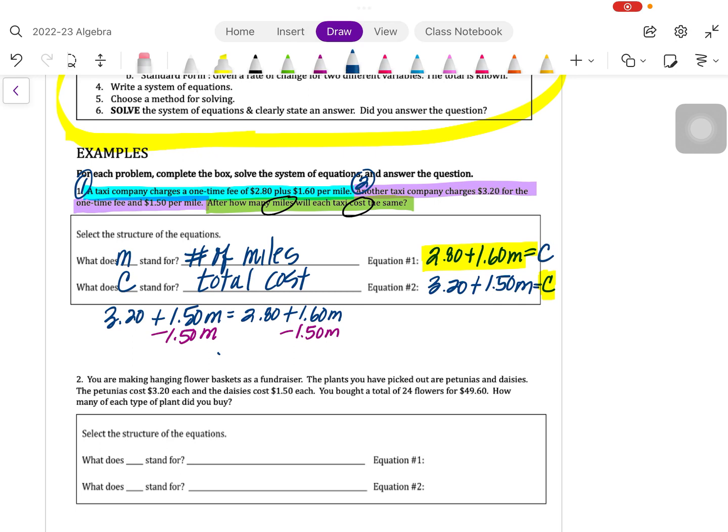So that's going to leave me with 3.20 is equal to 2.80 plus 10 cents. Okay, my next step would be to subtract 2.80 from both sides.